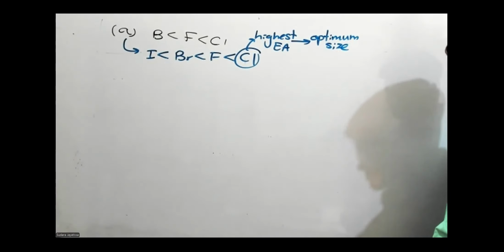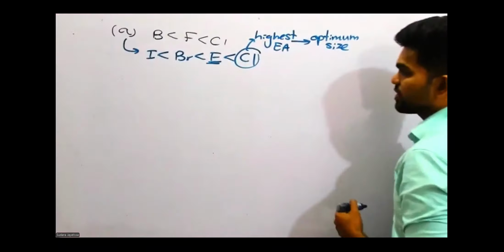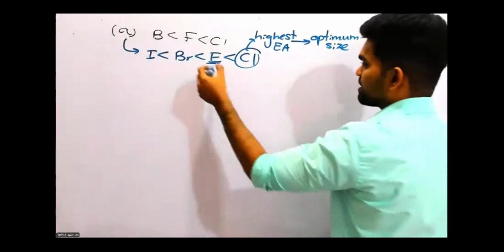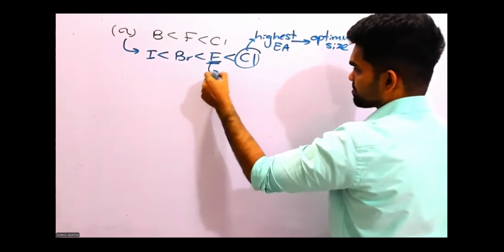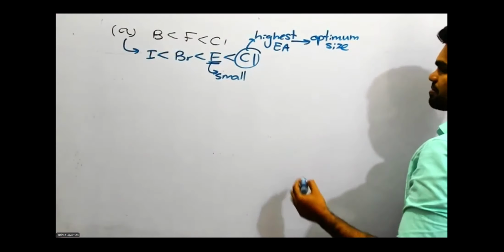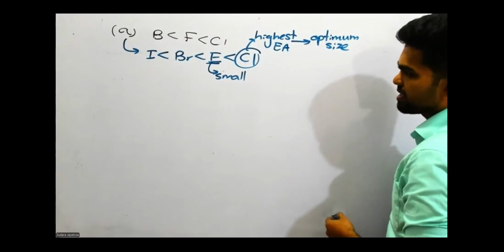So fluorine has a relatively lesser electron gain energy, or we can say electron affinity is lower. Why? Because it is a too small atom. Because it is small, electron repulsion is there.